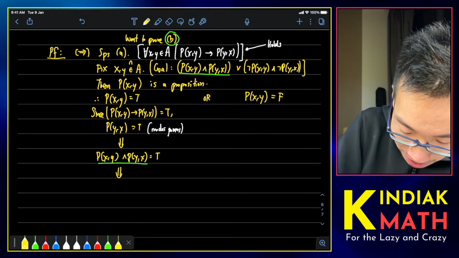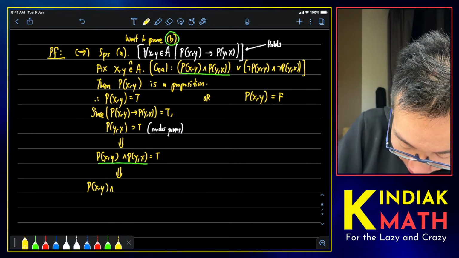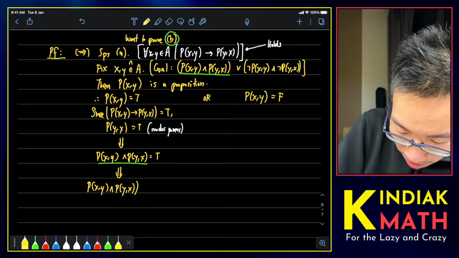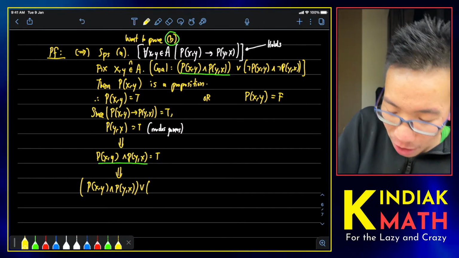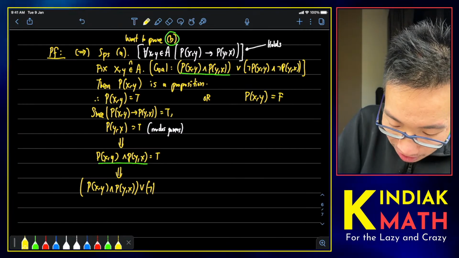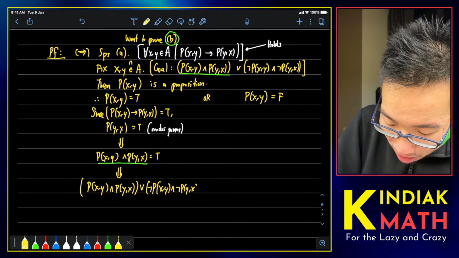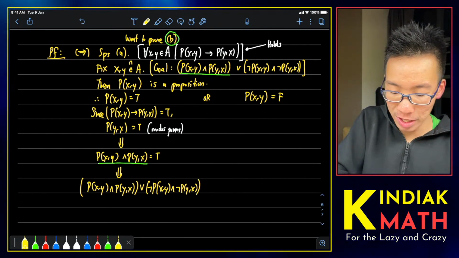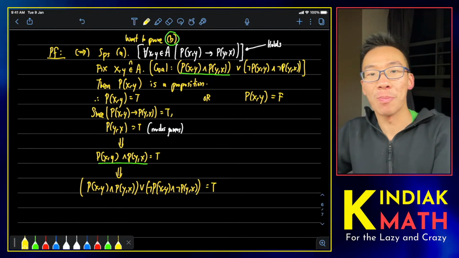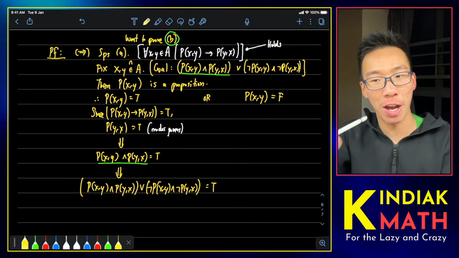So this tells us that P(x, y) and P(y, x) as a whole, I don't even care about the other guy, this will definitely be true. This whole thing is definitely going to be true. And we're good to go. At least that's for the first part.